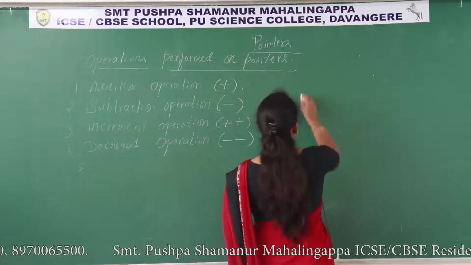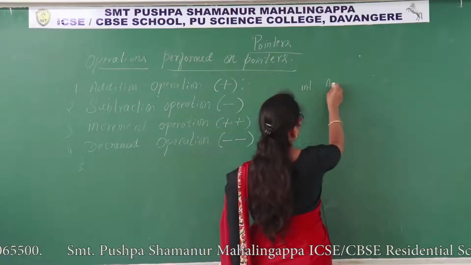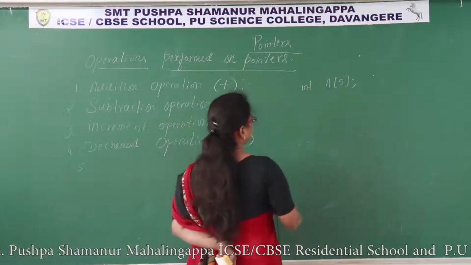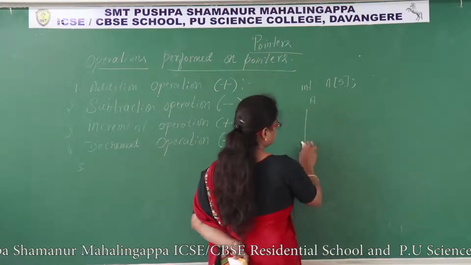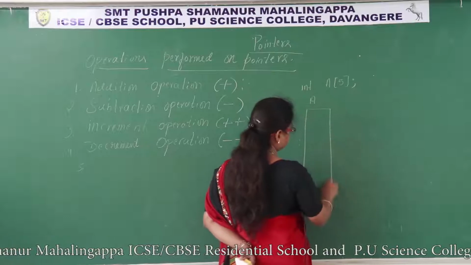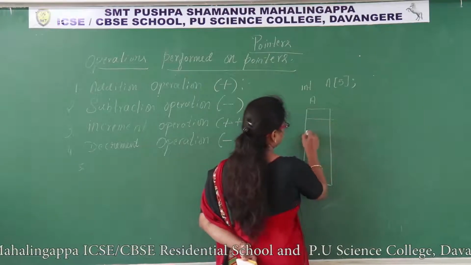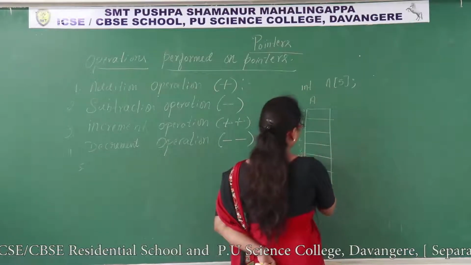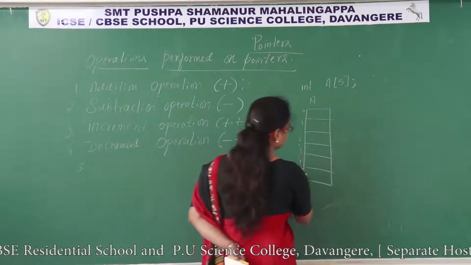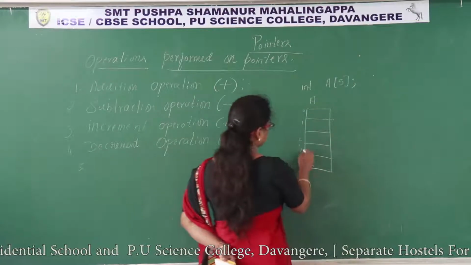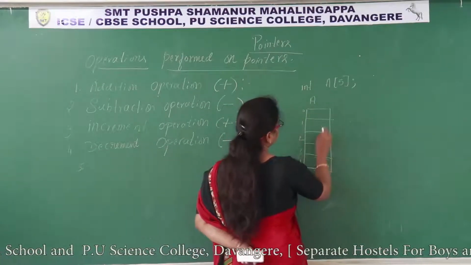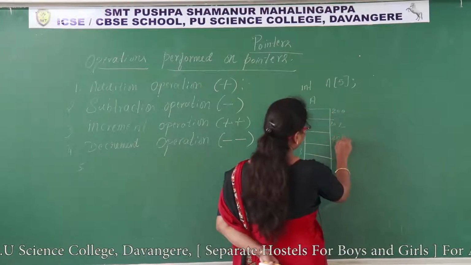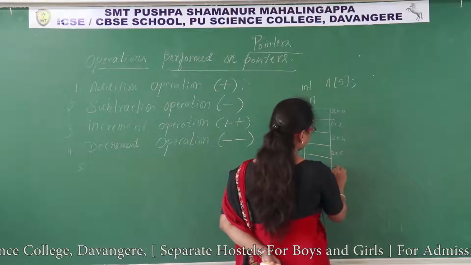If I consider an integer array A of size 5, with indices 0, 1, 2, 3, 4, and addresses 200, 202, 204, 206, 208.